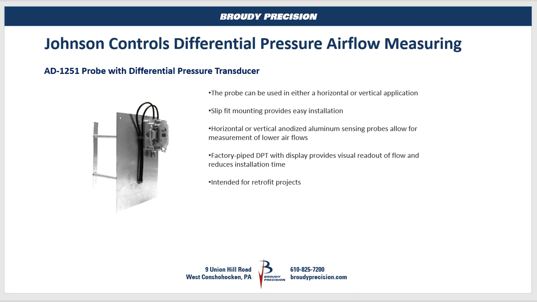It also has a display on the transmitter for local readout, as well as the ability to report back to a building automation system. It's intended to be used in retrofits, so existing ductwork, something that you're not taking apart. Like on new installations, you would use the 1250. This is used more on existing configurations where you would just cut a hole in your ductwork and insert this into the existing duct.